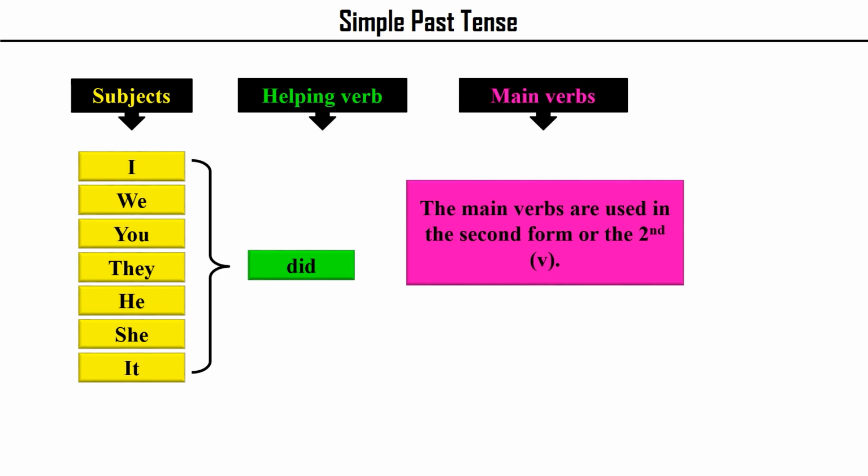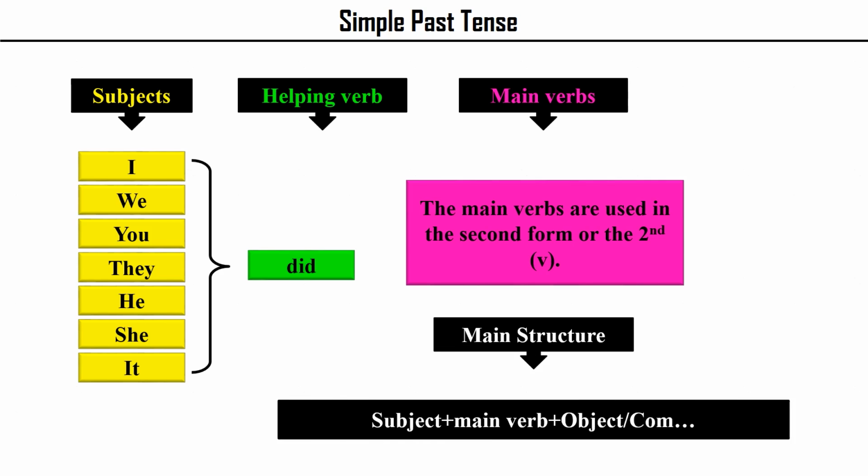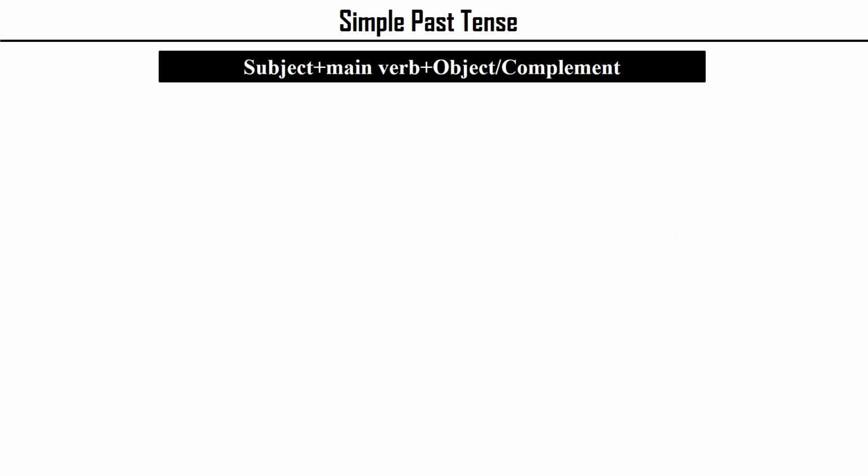In the simple past tense, we use the second form of the verb, or the past simple form of the verb. And the main structure is subject plus main verb plus object or complement. Instead of the main verb, we use the second form of the verb. Let's make some examples using this structure.